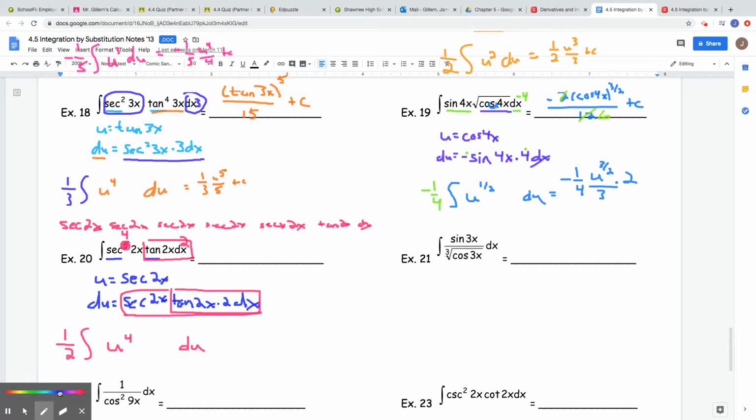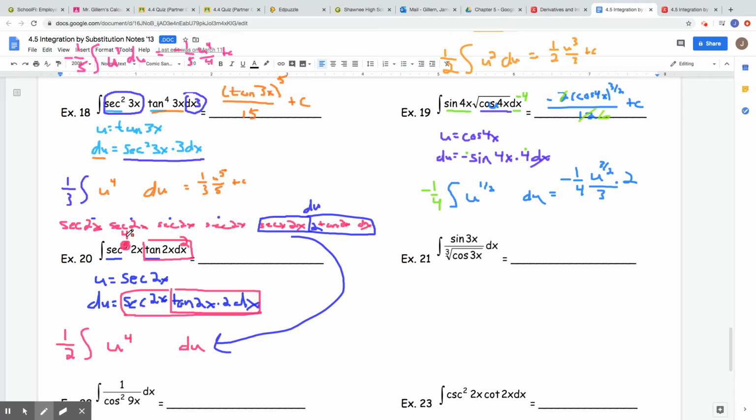So what I basically did is obviously there's this part right here, but I needed this part as well. All right, and we obviously added a 2 in there as well. This is my du. All right, that's what is substituted here. Okay, so now what's left? 1, 2, 3, 4 of them. That's why this is to the 4th.